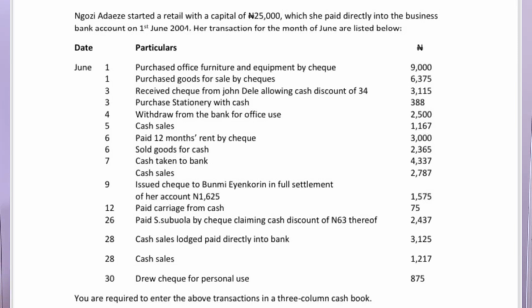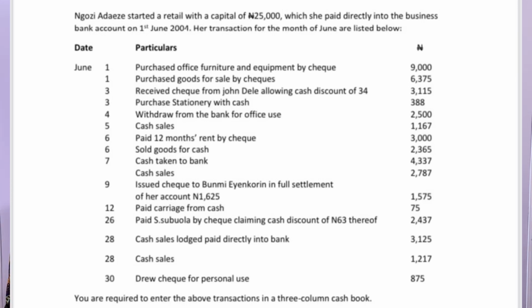3. Purchase stationery with cash. 4. Withdraw from the bank for office use. 5. Cash sales. 6. Paid 12 months rent by check. 6 again. Sold goods for cash. 7. Cash taken to bank. Then the same 7. Cash sales. 9.